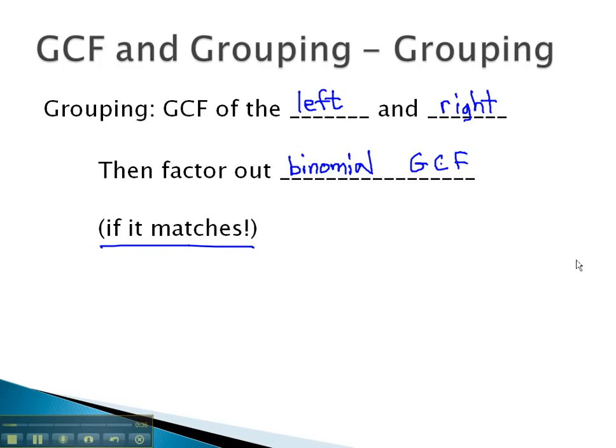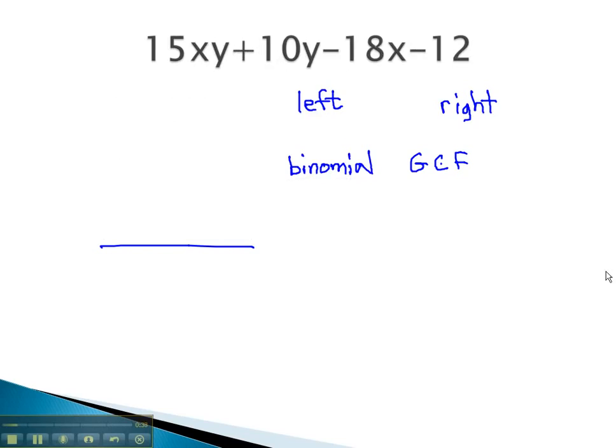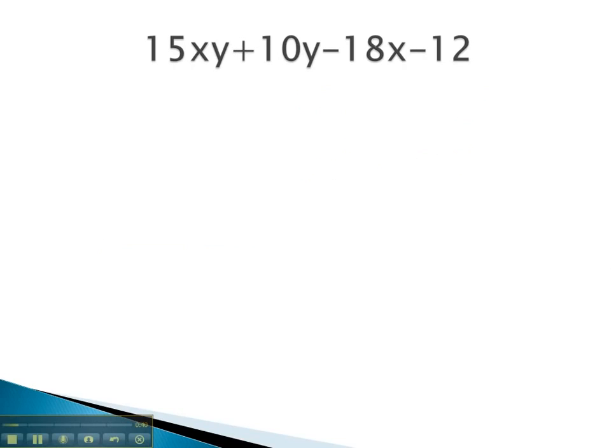Our hope is that it will match when we factor the GCF out of the left and right side. For example, considering this problem, if we split the problem down the middle, after the second term, before the next sign, on the left side we see there's a common factor of 5y. When we factor out the 5y, we're left with 3x plus 2.